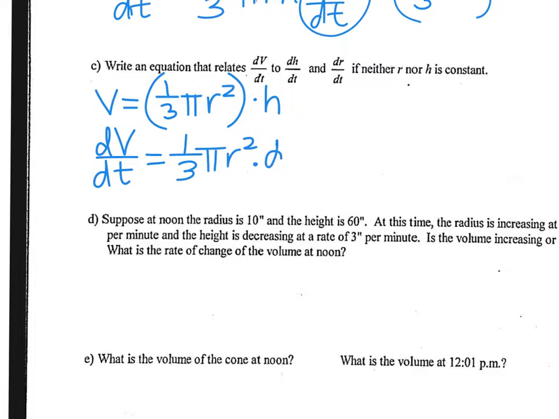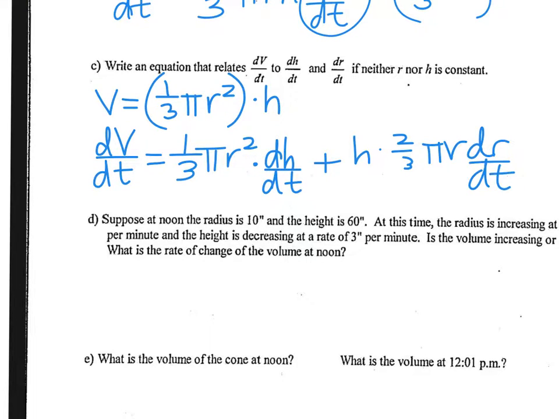That's ab prime, plus b, which is h, times a prime. So now we're taking the derivative of 1/3 pi r squared with respect to time. So that would be 2/3 pi r dr dt. And that's it. You can clean it up, whatever, but that's pretty much it.